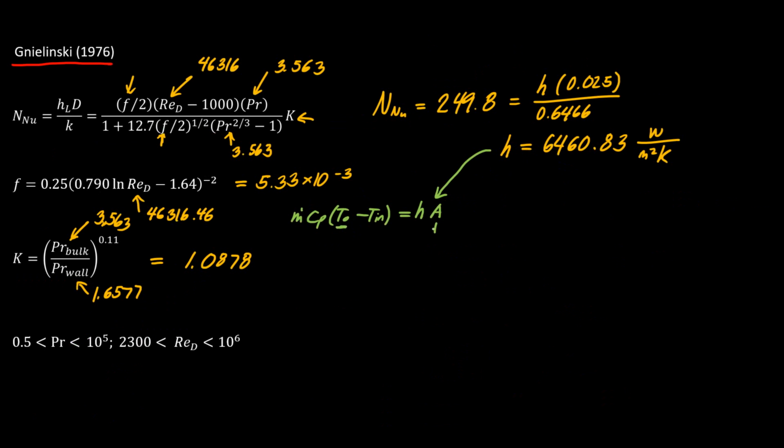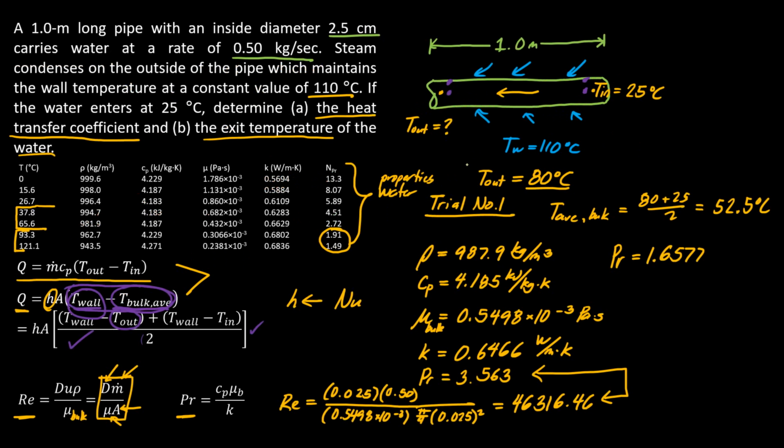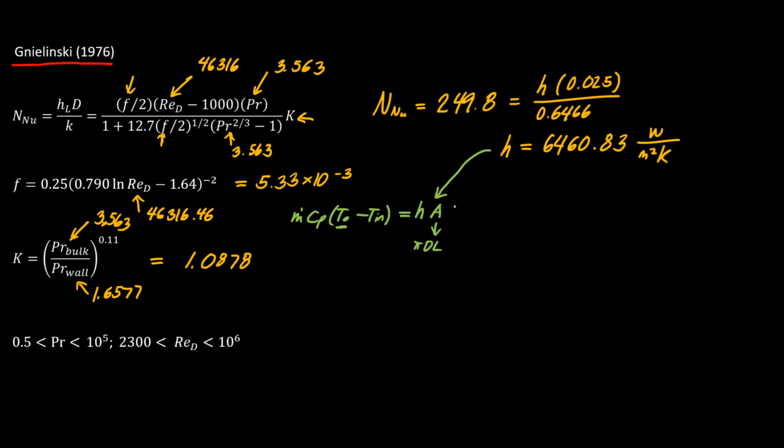A here is pi D L, basically the surface area. You see here inside the pipe, pi D L, and then we will be using this form, T wall minus (T out plus T in) over 2.